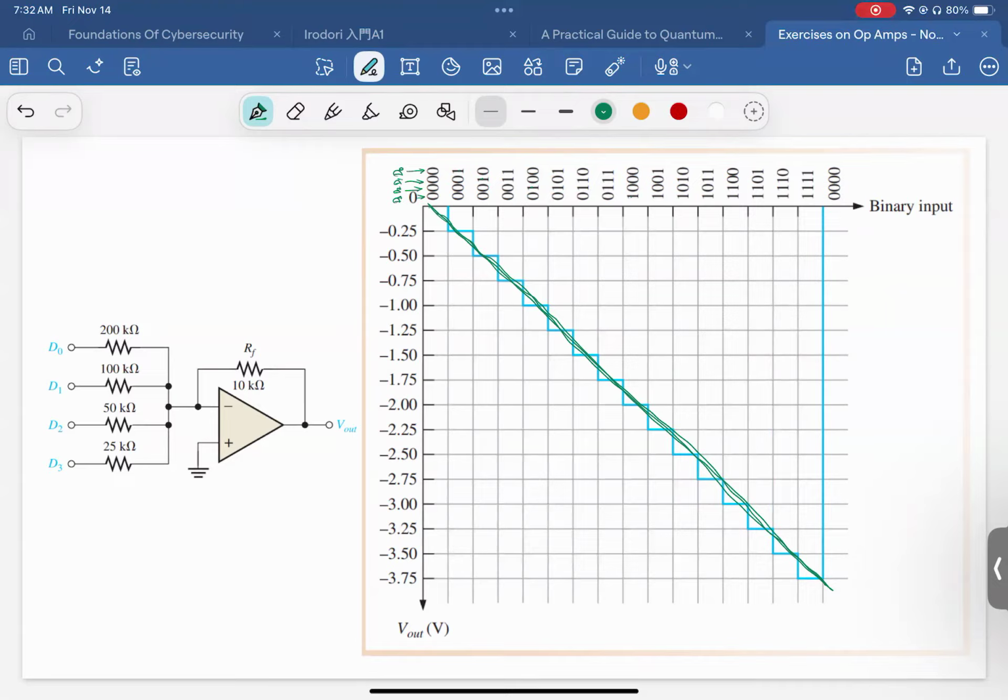Okay. So any questions? Okay, so now medyo nakikita niyo na kung paano gumawa ng computer essentially, 'di ba? Based on these circuits.